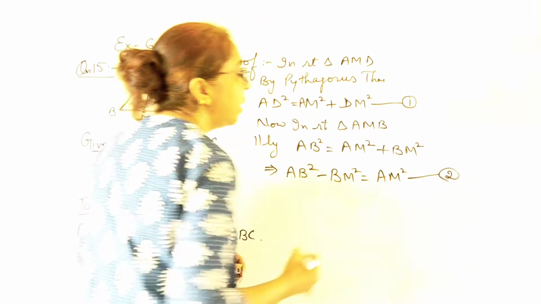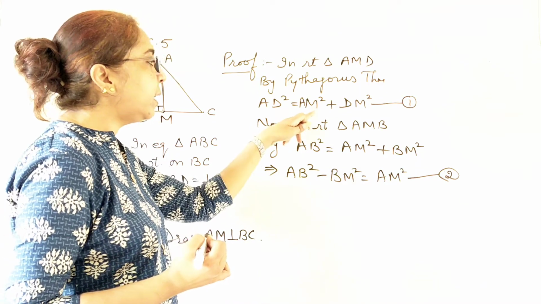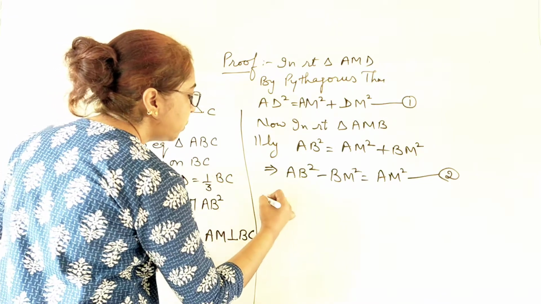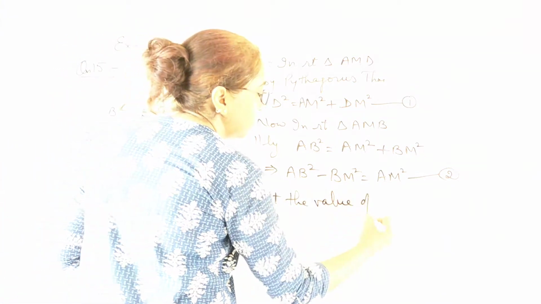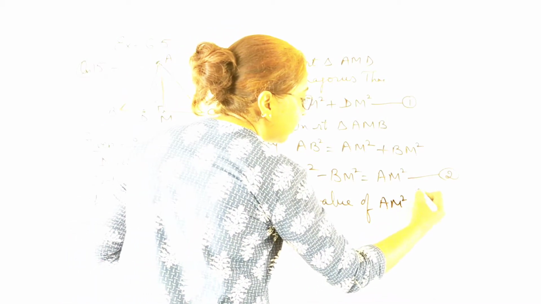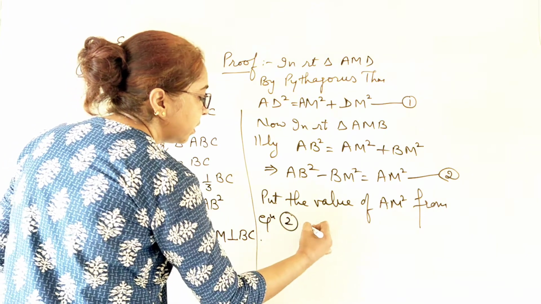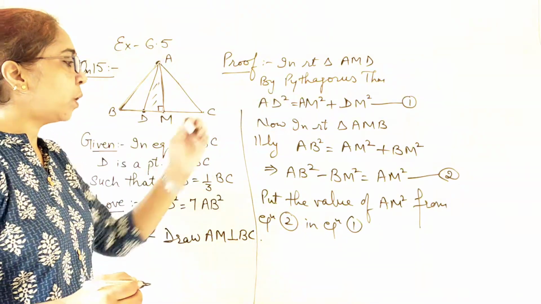This is number 2. Now from equation 2, I am putting the value of AM square in equation 1. So after putting, what do we get?